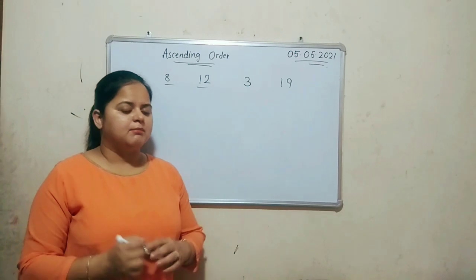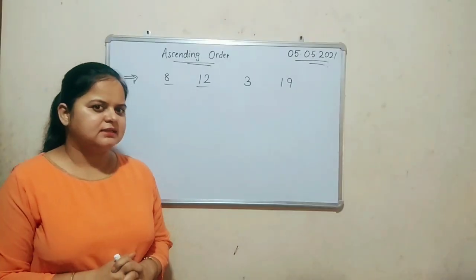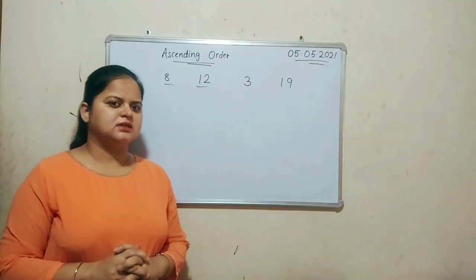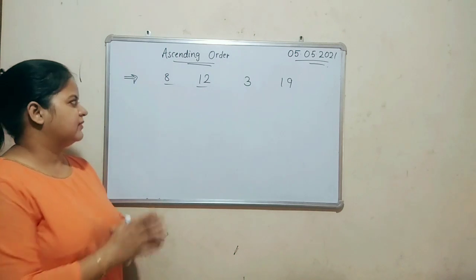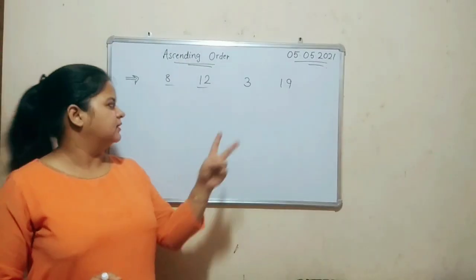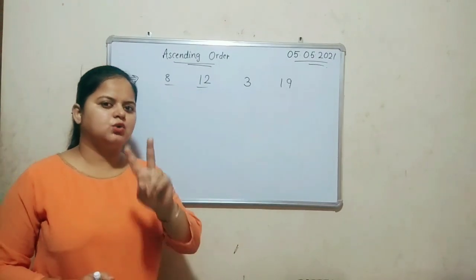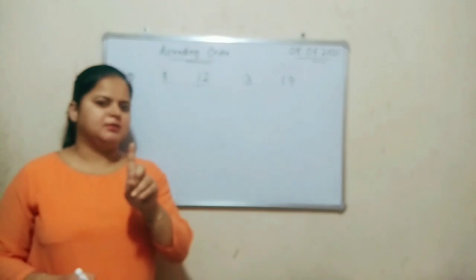12 is the greater. But why is 12 greater? Yes, I hope you all know. Yes, tell me quickly. Because 12 is a 2-digit number and 8 is only a 1-digit number.